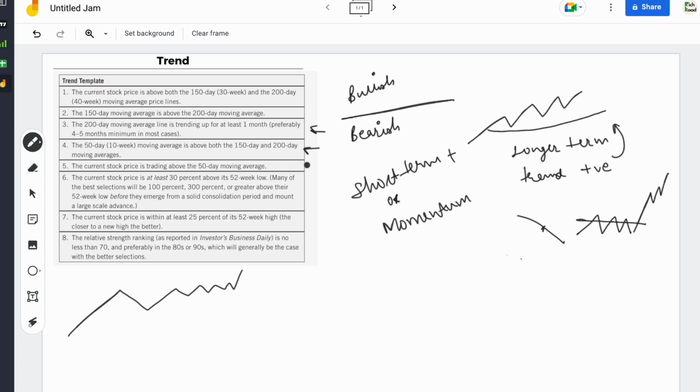Then he goes on to say that the price is trading above its 50-day moving average. Now, what is the importance here? Let's say the stock performs greatly right here. You will see that this entire area, I'll mark it, just before the move is about to happen, the move is about to come, this will happen above its 50-day moving average.